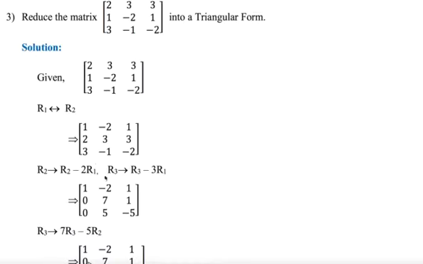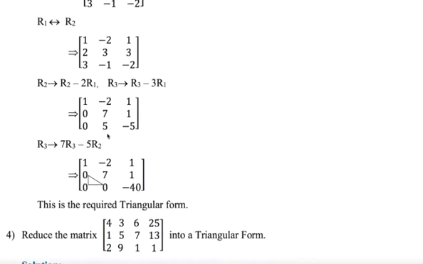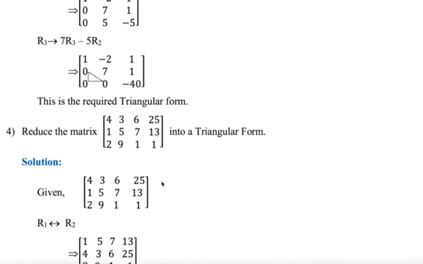First see R3: minus 1 plus 6 is 5, minus 2 minus 3 is minus 5. R2: 3 plus 4 is 7, 3 minus 2 is 1. Fine. Now this element you have to make 0. So 7R3 minus 5R2. This must be multiplied with this. So this becomes 0. 7R3 minus 35, minus 5, minus 40. So this is the required triangular form.